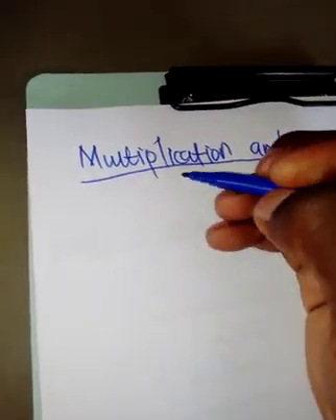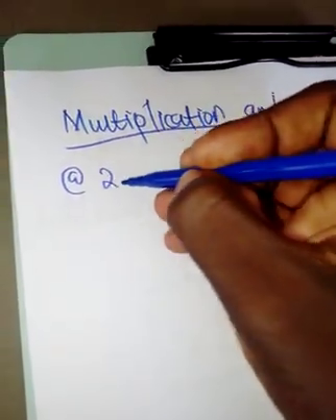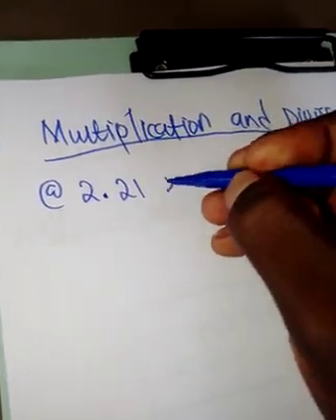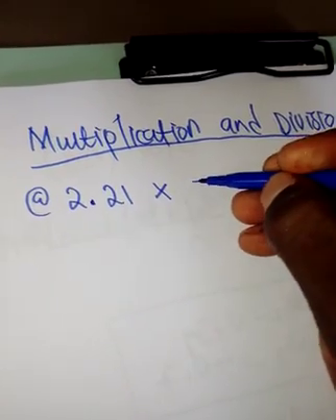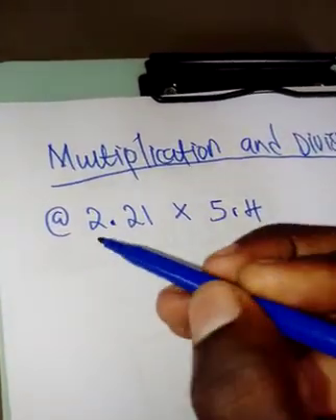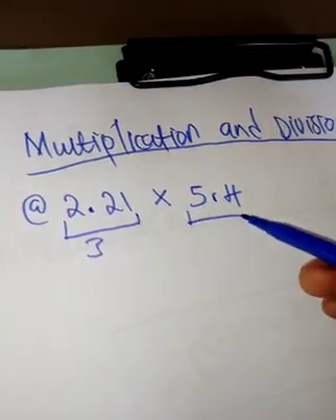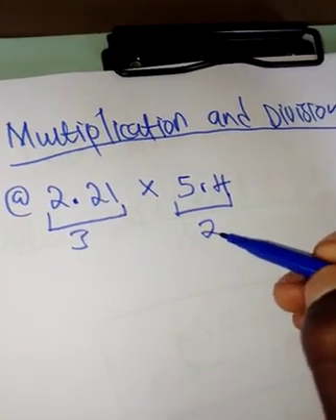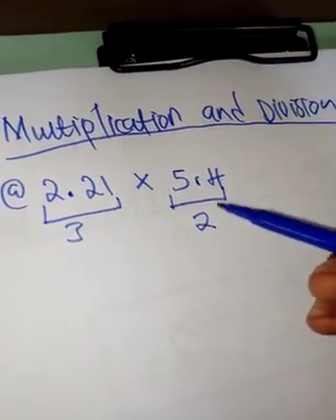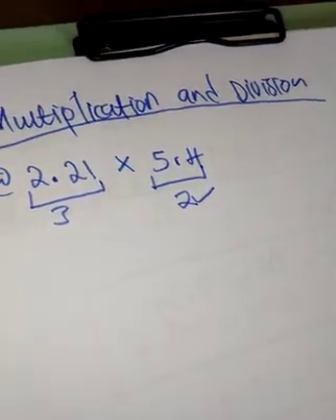Let's say, for example, we have 2.21 multiplied by 5.4. How many significant figures are in 2.21? It is 3 significant figures, right? Then in 5.4, it's 2 significant figures. So when you multiply them, the answer should be reported to the least significant figures, which is 2.